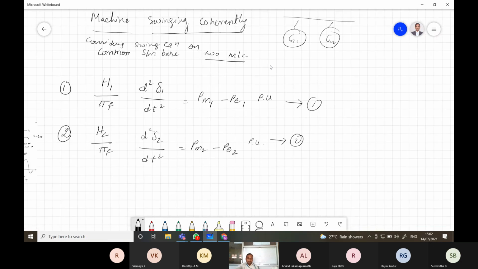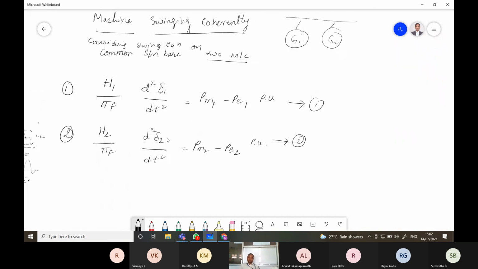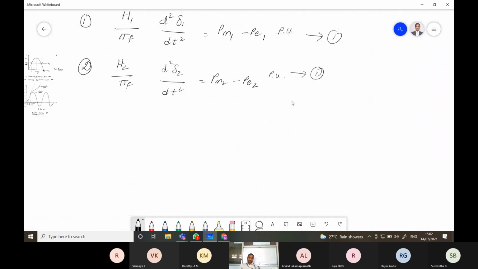Since the machine rotors swing together, adding equations 1 and 2, we get H equivalent, from H1 and H2, divided by pi f, into d square delta by dt square is equal to Pm minus Pe, equation number 3.